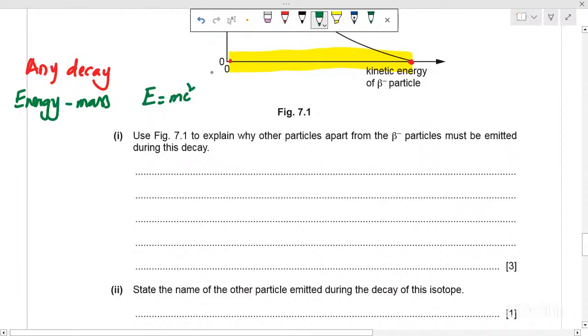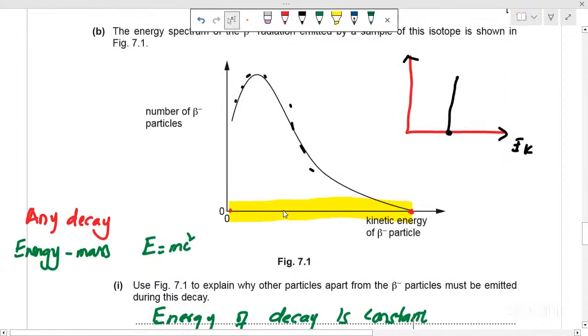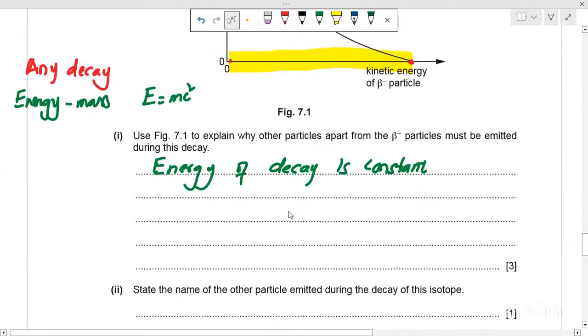This equation shows mass-energy equivalence. So in any reaction, the difference of mass is fixed, so we can say that the energy of any decay is constant. So if the energy of decay is constant and beta particles have a range of energies, that means some other particles must be emitted. They share the difference of energy.